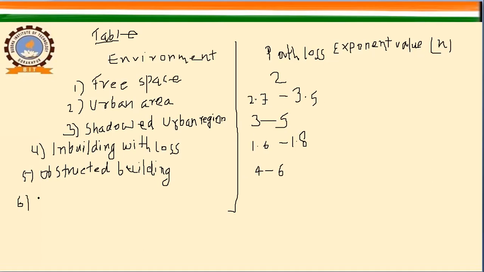There is another environment, obstructed factories. The value is 2 to 3.